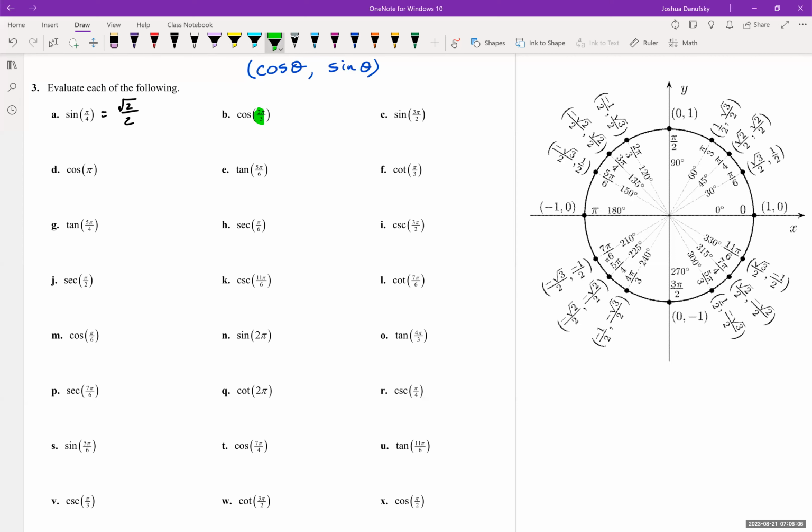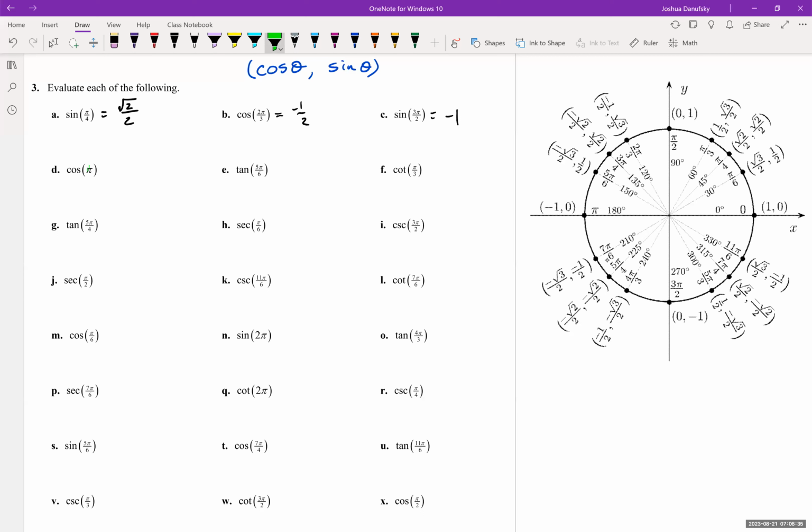So 2 pi over 3 is right here, and the cosine is the x value. So that will equal -1/2. Moving on, next one we have the sine of 3 pi over 2. That's going to be down here, and the sine is the y value. So we get -1.